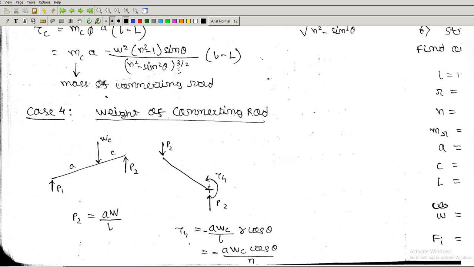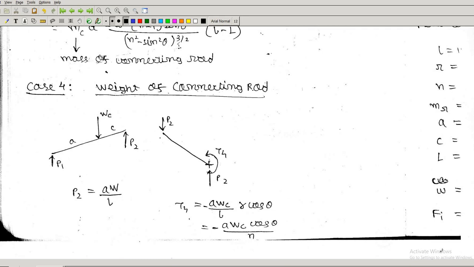and this is due to the weight of the connecting rod. This is simple. So weight of the connecting rod, so parallel forces. Now you know what is P1 and P2. P2 is A W by L, and here this P2 is actually P2 multiplied by R cos theta. So this is A cos phi.